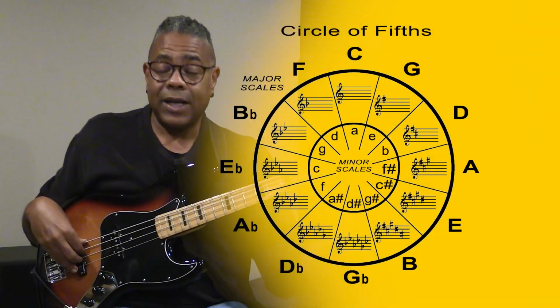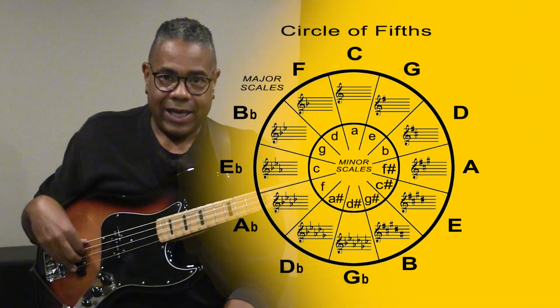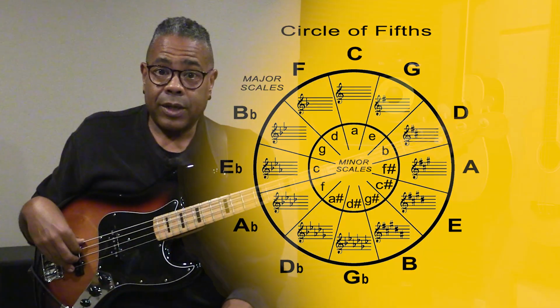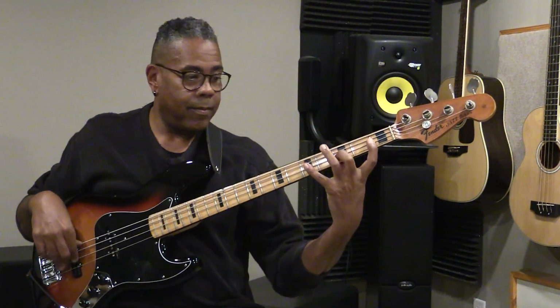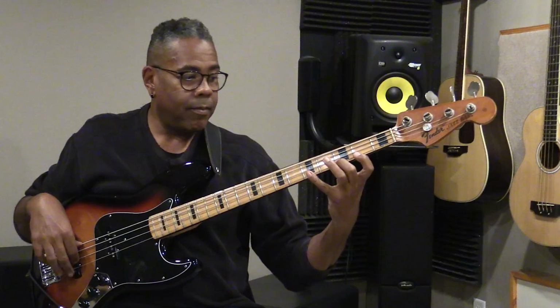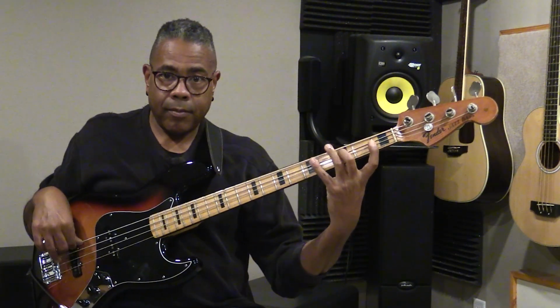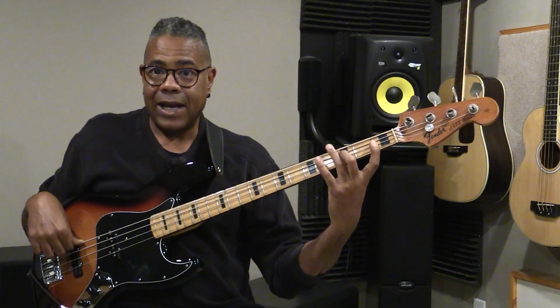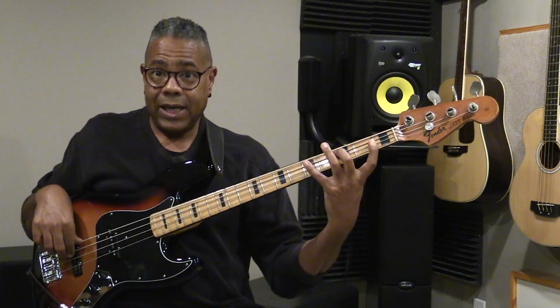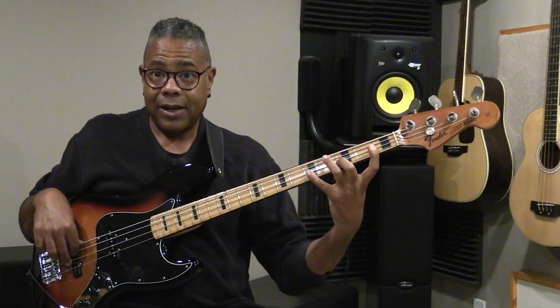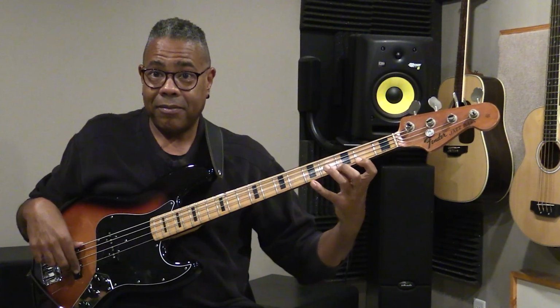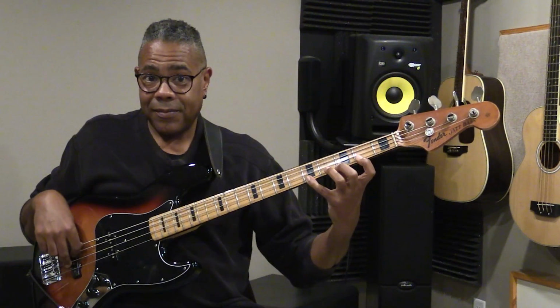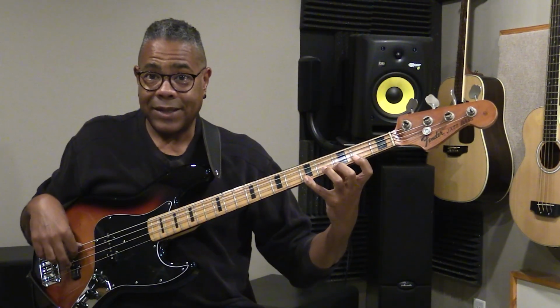If you look at the circle of fifths, it's identified as a flat key. But if we were to go with the C Dorian of that key, the notes would be the same. So instead of B flat, C, D, E flat, it would simply start from C, right? C, D, E flat, F, G, A, B flat. And notice that the root becomes the seventh note of that scale.